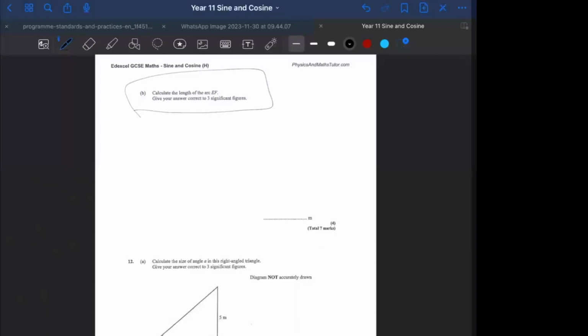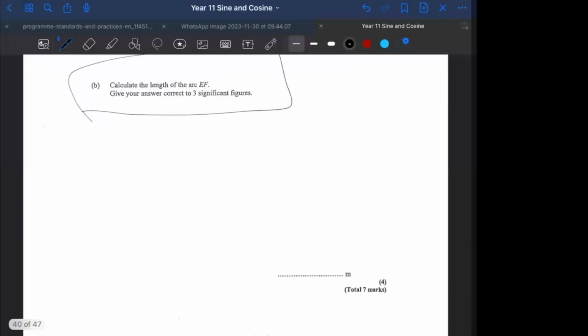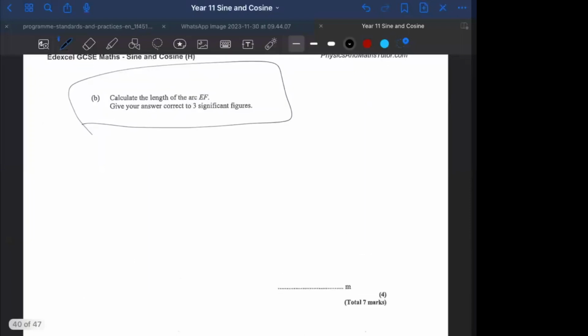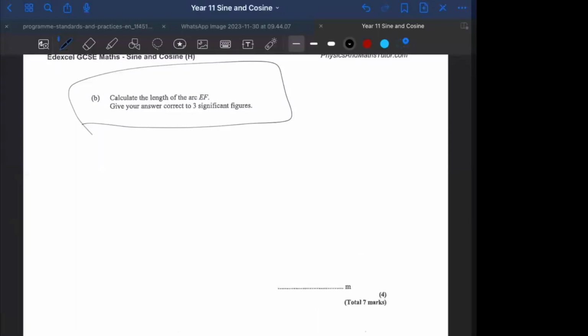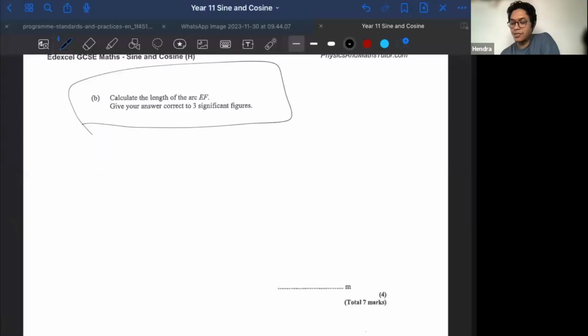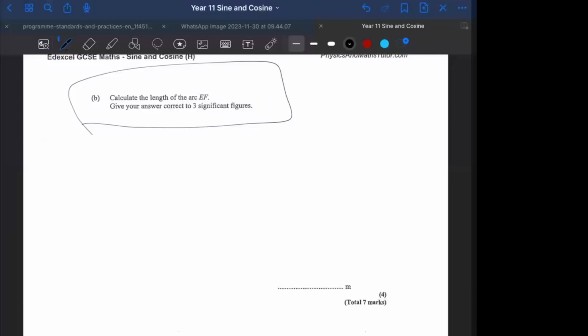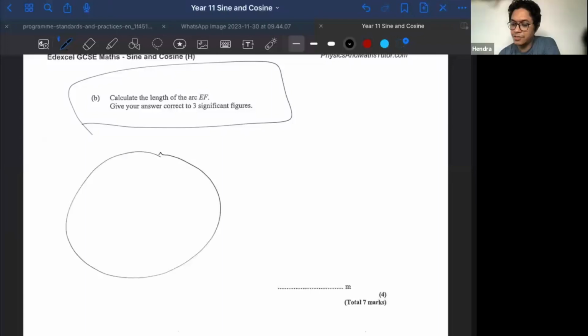Yeah, hold on, I'm just trying to understand. Calculate the length of the arc EF. There is missing information for this one. What is number 11? What does the circle look like? You should have a circle.